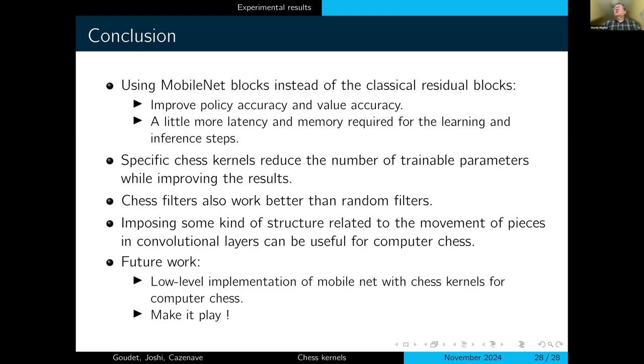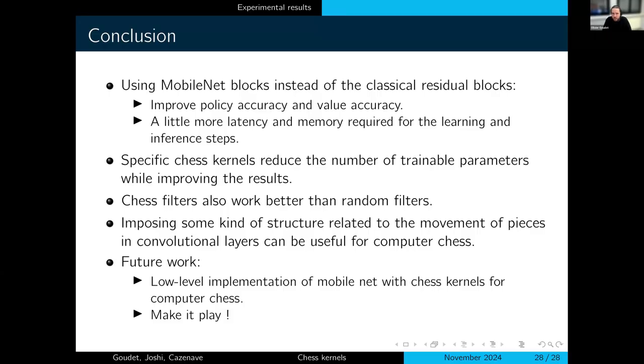Another question. So at the very end, your last words are "make it play." I did not understand, why can't you just take Lila Chess 0 and use your new network and it can play chess? Yes, because for the moment, the Lila Chess 0 code is implemented in C++ and CUDA.